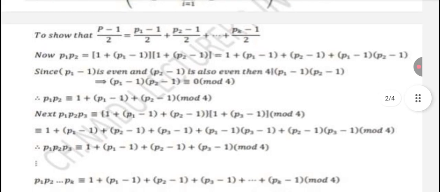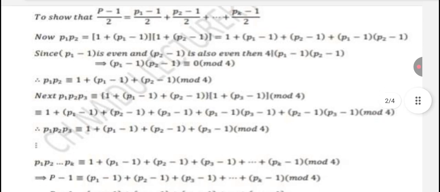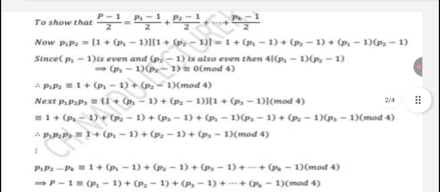In continuation of this, the product p1 p2 etc. pk is nothing but 1 + (p1-1) + (p2-1) + (p3-1) + etc., and the last term is going to be (pk-1) mod 4. So what is p1 p2 etc. pk? That is nothing but p. p is congruent to 1 + (p1-1) + (p2-1) + (p3-1) + etc.